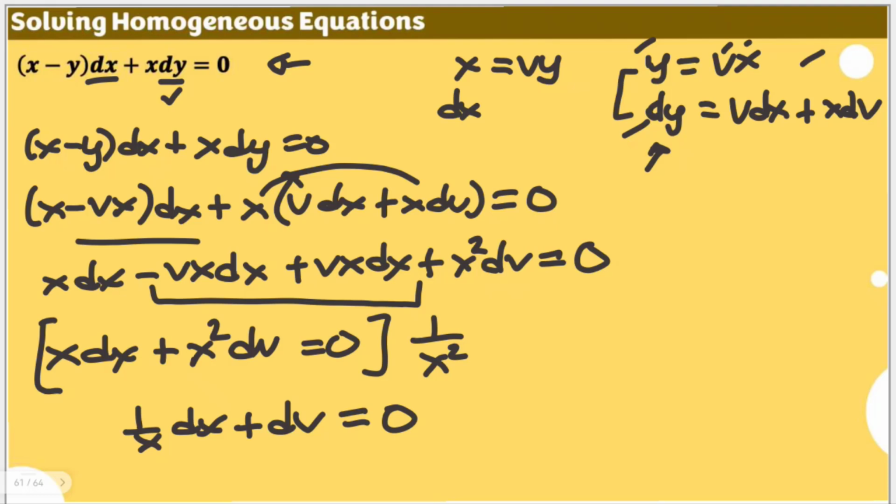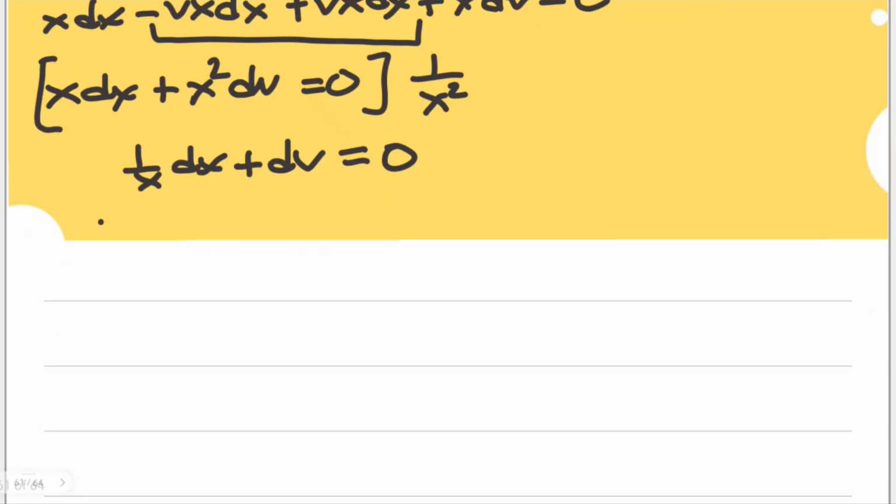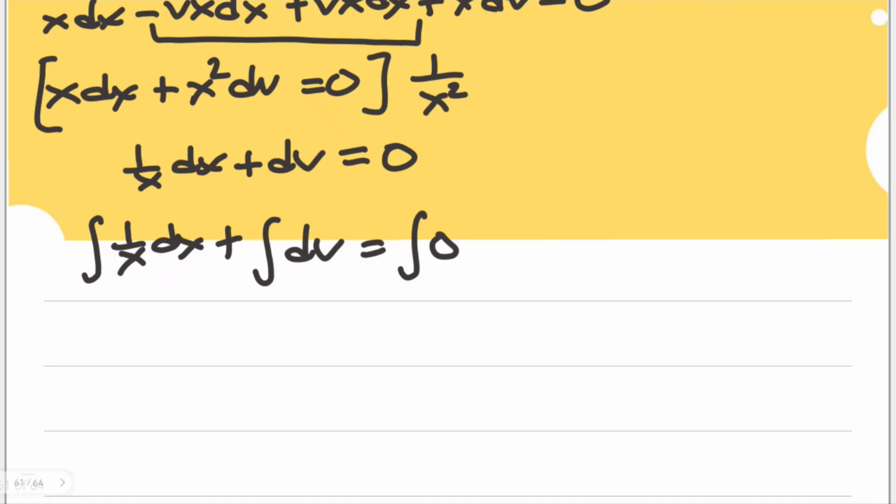This time we have separated the variables, and we are just going to solve this by integrating both sides. You will have the integral of 1 over x dx plus the integral of dv equal to the integral of 0.